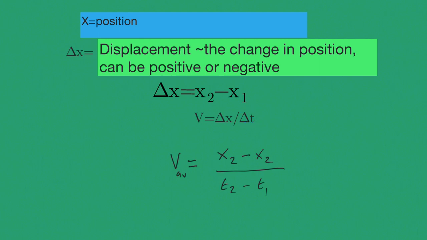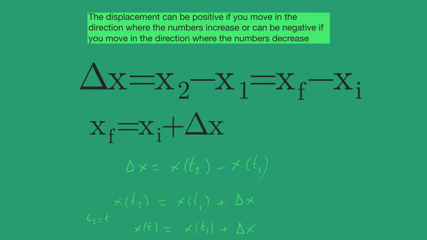The other equation that we will use very often is that x final will be x initial plus delta x. This comes from the equation delta x equal x final minus x initial. x final is x initial plus the change in x.